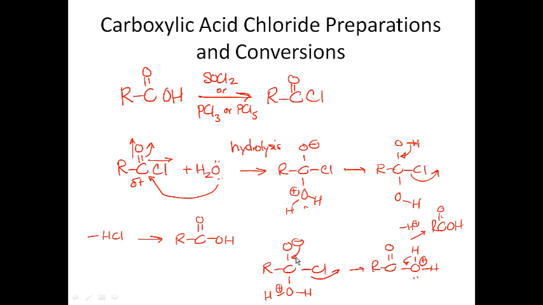If I reacted my acid chloride with oxygen-18 labeled water, and my product ended up with a random distribution of O18 in both of these oxygens, then I know it came from this intermediate. If I ended up with only the oxygen-18 in this position right here, then I would know this mechanism occurs. But I'm not that analytical of an organic chemist.